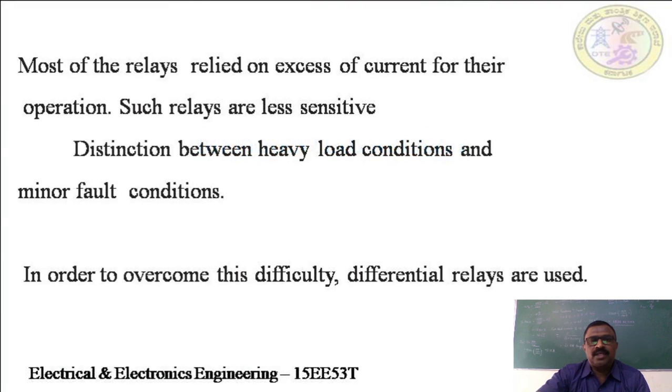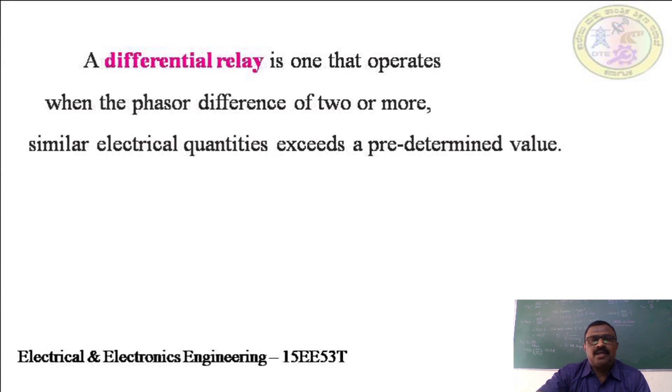So we are going for differential relays because of the low sensitivity of the overcurrent relays, what we discussed in the previous sessions. And in order to overcome these difficulties, we are going for differential relays. Basically, the differential relay is one that operates when the phasor difference of two or more similar electrical quantities exceeds the predetermined value.